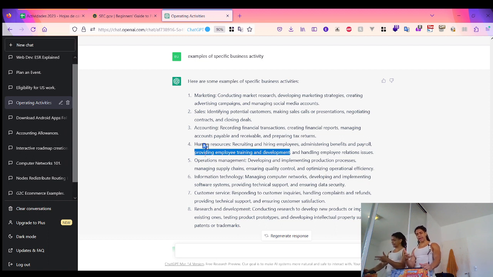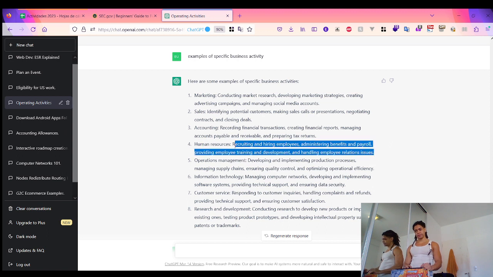If you're a startup, most of the time you're going to wear many hats. And handling employee relationship issues.